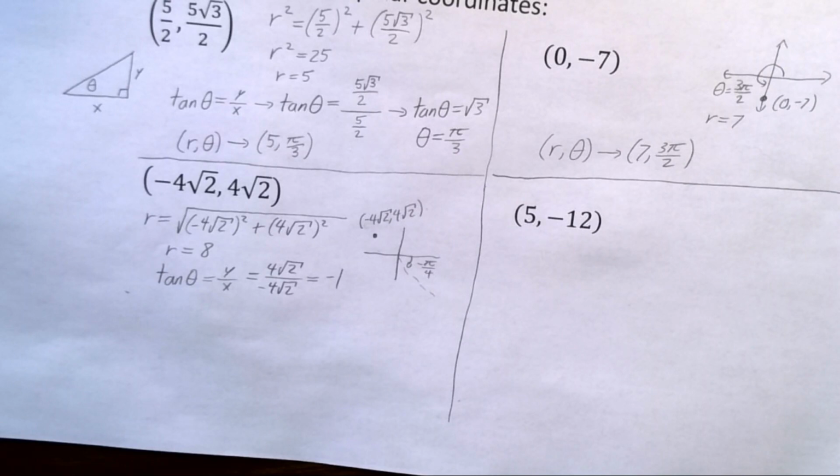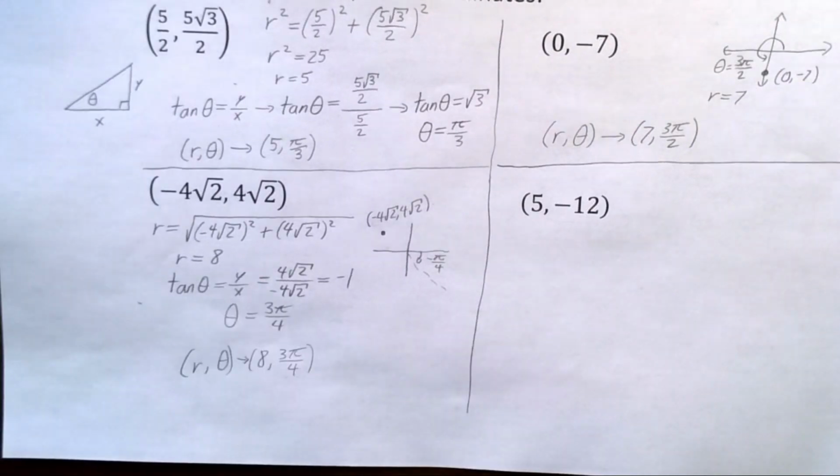So, with this in mind, we end up having to add 180 degrees, or in other words, in radians, pi, and by the way, for polar coordinates, we will almost always be using radians. So adding pi to negative pi over 4 gives us an angle of 3 pi over 4. So, the coordinates of our point are 8 comma 3 pi over 4 in polar coordinates.